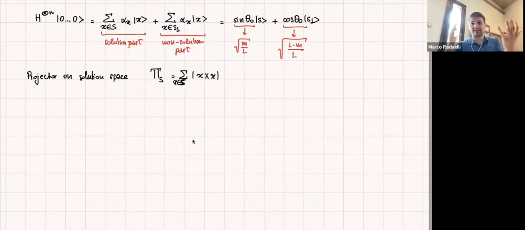And since the solution space and the non-solution space create the entire space overall, the projector on the non-solution space is the identity minus the projector on the solution space.